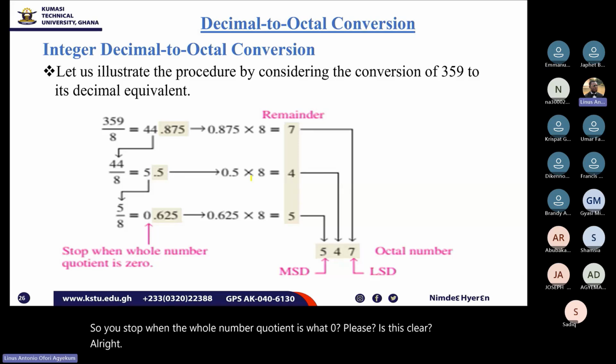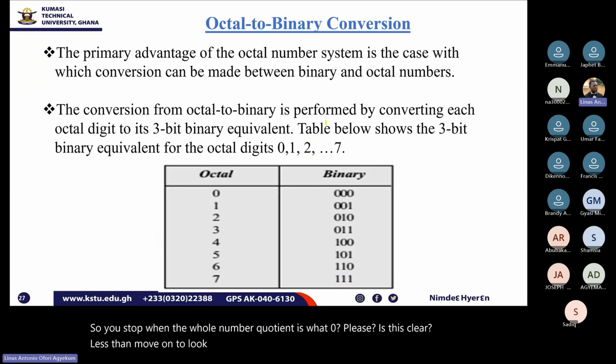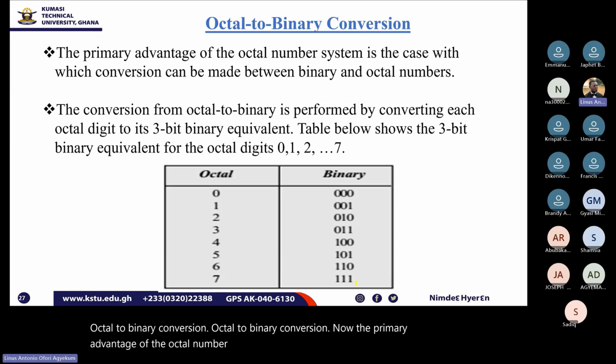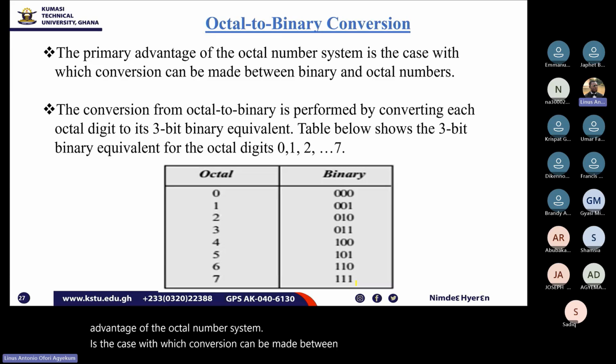Let's then move on to look at octal to binary conversion. Now, the primary advantage of the octal number system is the ease with which conversion can be made between binary and octal.